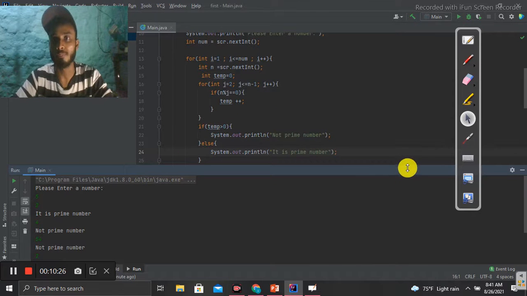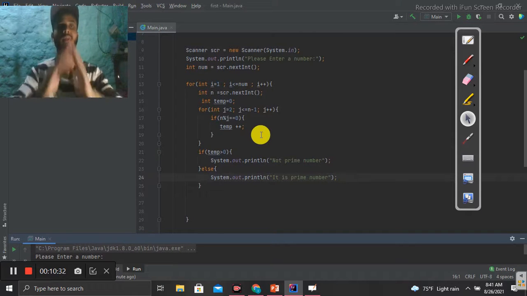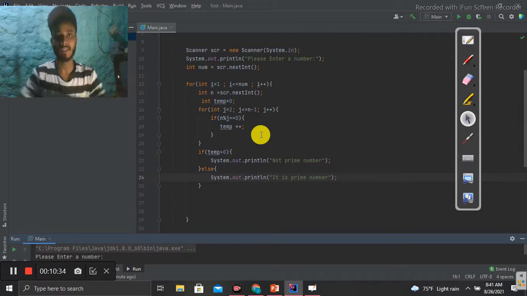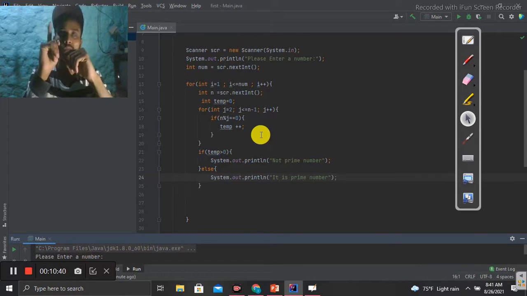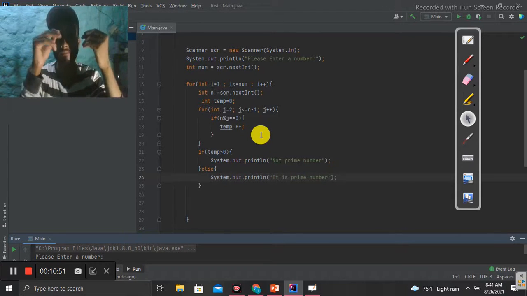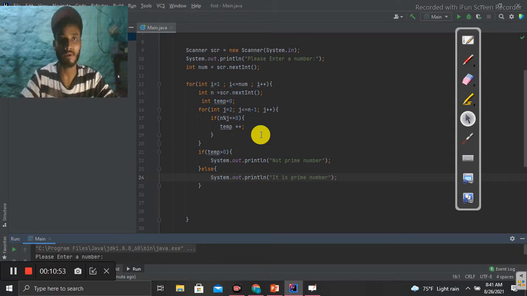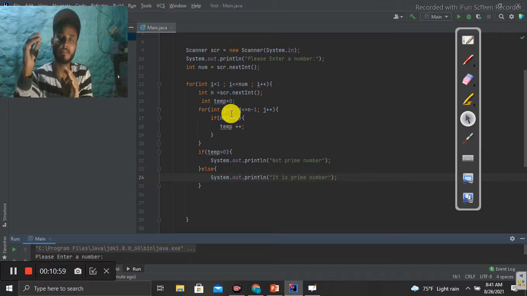So I will tell you once again. The prime number concept is basically one thing: those numbers which are divisible by 1 and itself. We leave out 1 and itself, because we start from 2 and go to n minus 1. N means the number we are taking, and n minus 1 means the numbers less than it.